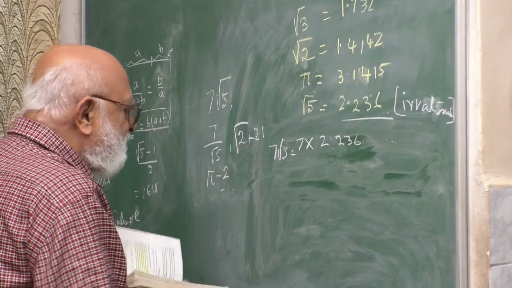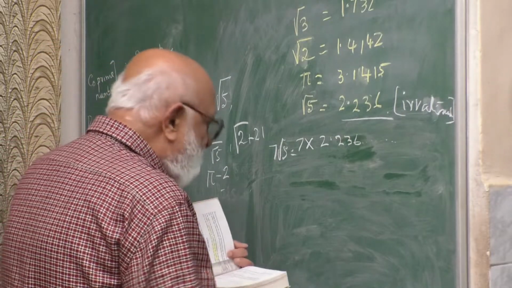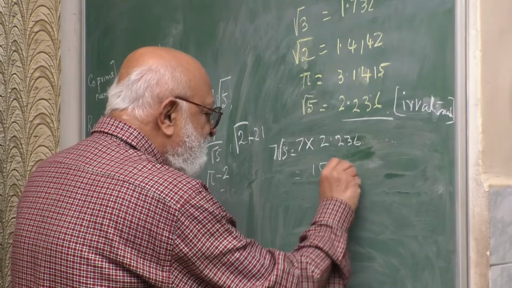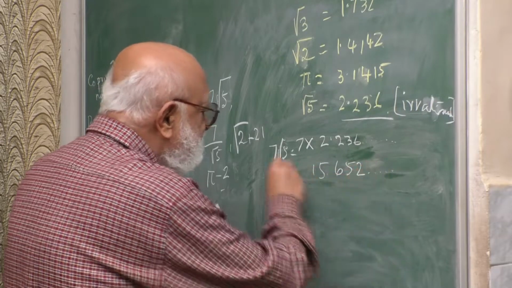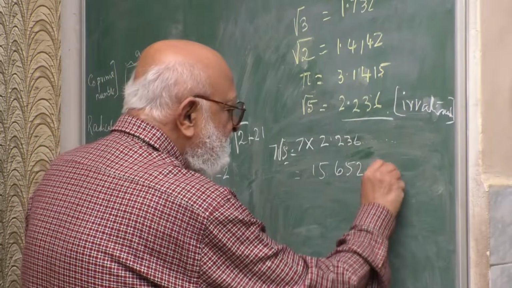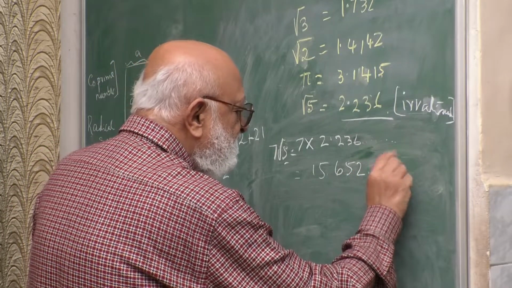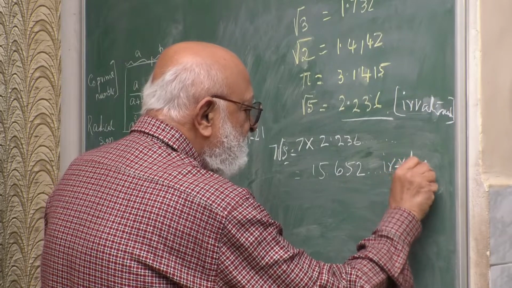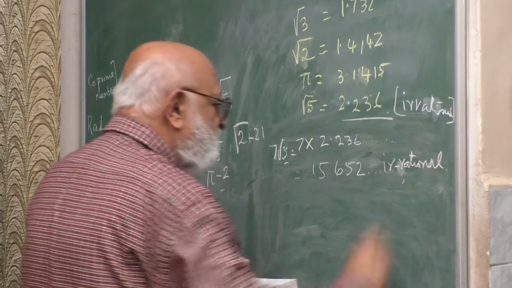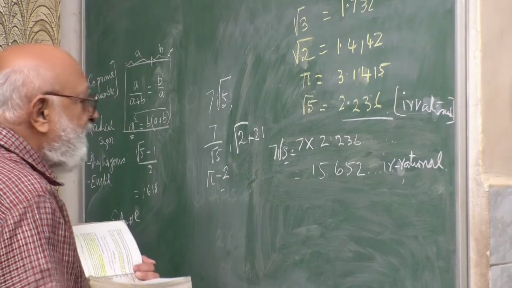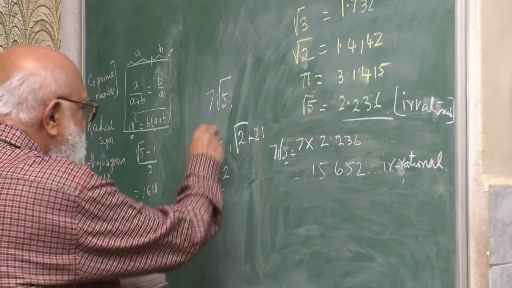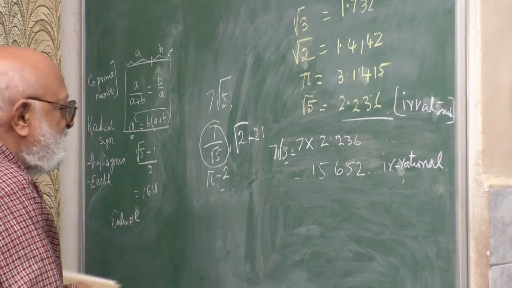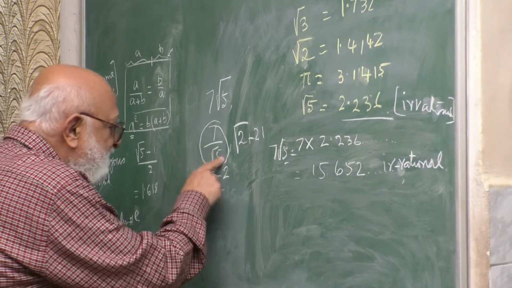So if you multiply this by this one, what do you get? You get again 15.652. Then this is irrational. Again, then this one. We should not keep any irrational number at the denominator.